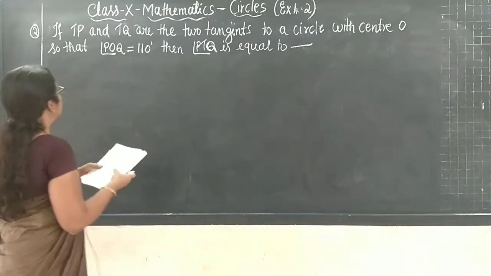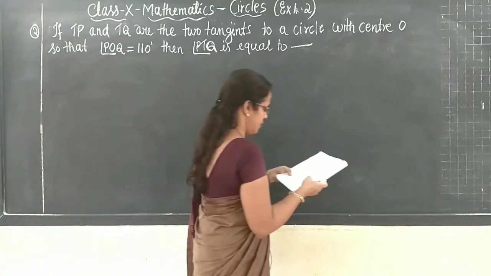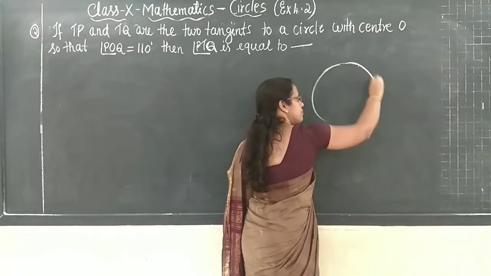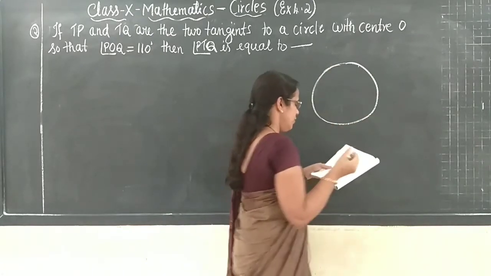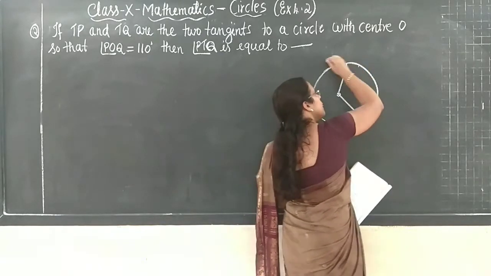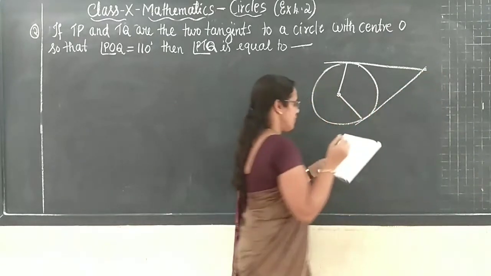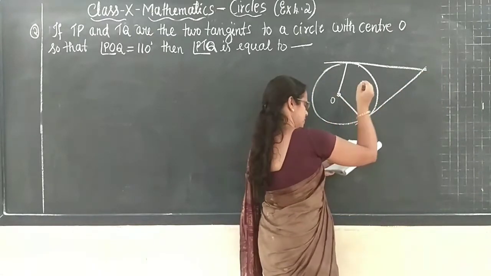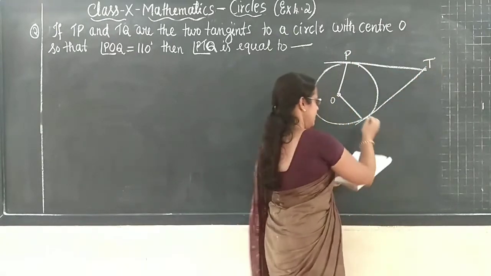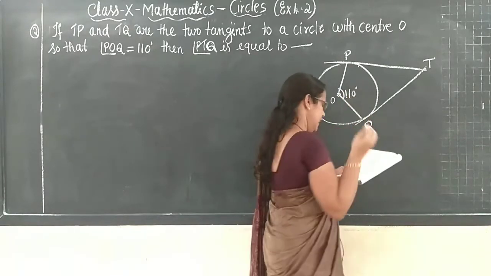See children? TP and TQ are the tangents. Now the figure is given here. Everyone draw. The figure is like this: O, P, T and Q. This angle is 110 degree.